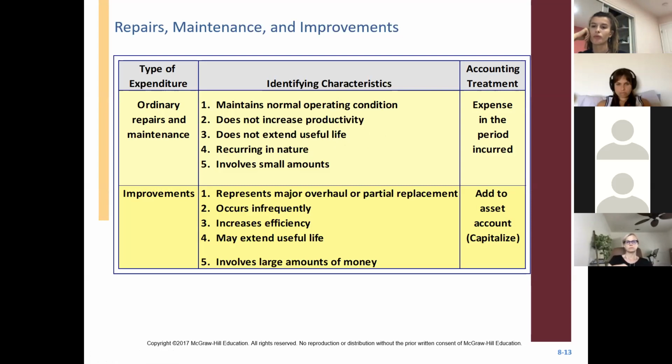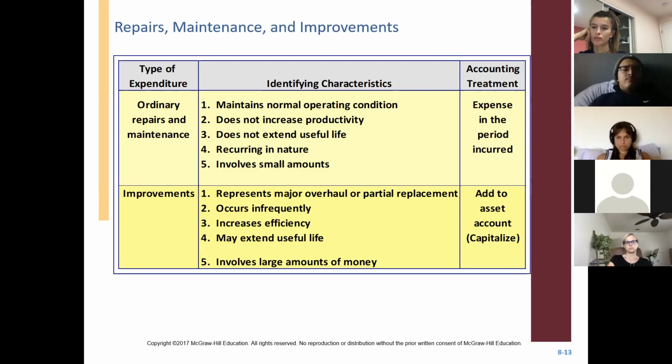That's just keeping the truck going. You get the idea. In our classroom building, above us, we have the air conditioning system. Once a year, one of the maintenance guys has to go up and change the filter. That's just normal maintenance, a debit to repairs expense and a credit to cash.